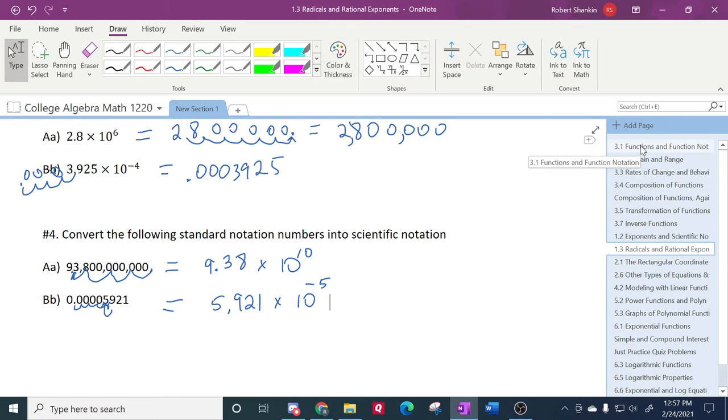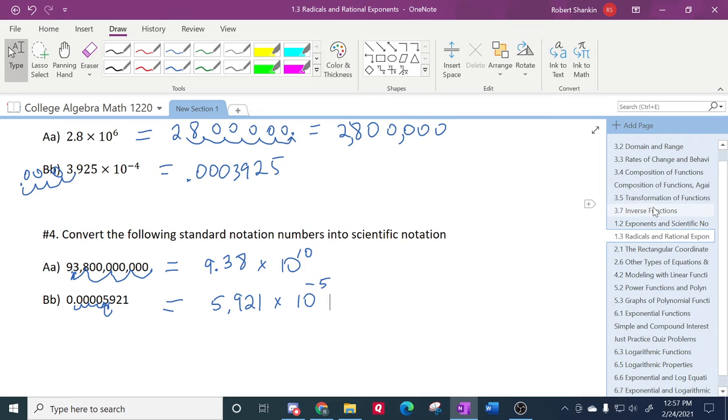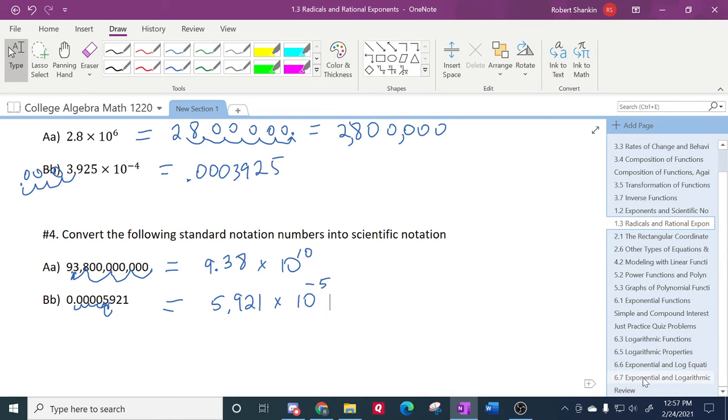The main thing is functions, how to work with functions. That's chapter 3. And then we're going to go to chapter 6, exponential and log functions. Those are the 2 main themes in this course.